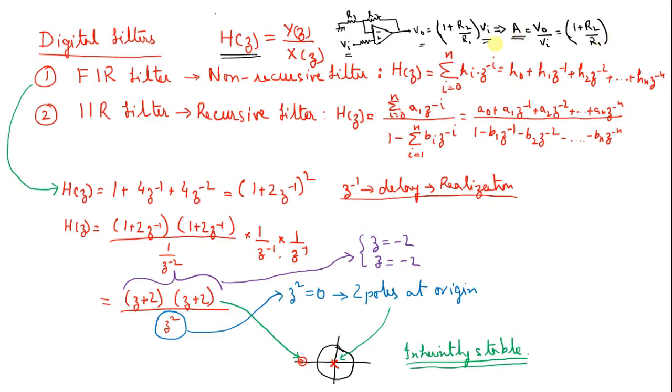of the filter. Now if you compare the gain of the filter and H(z), you will find that both are the same. The only thing which matters here is that in the gain, all the components mentioned are real components, so the values are real values.